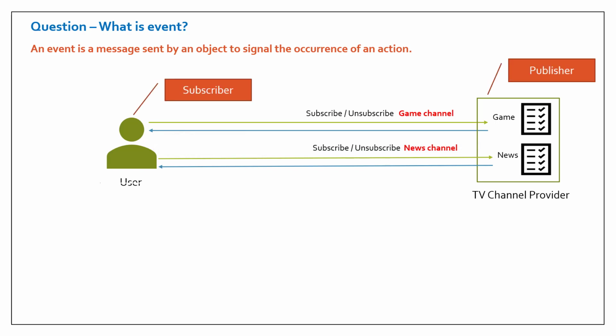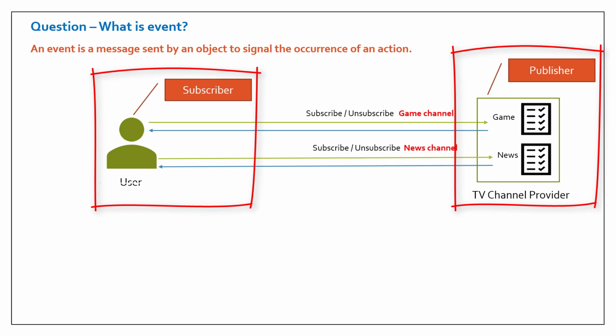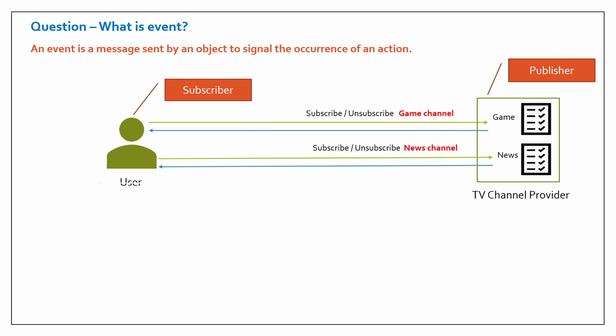We can consider the TV channel provider is a publisher and the user is a subscriber. So publisher allow us to subscribe or unsubscribe to their content and we subscribers are subscribing or unsubscribing to that content.